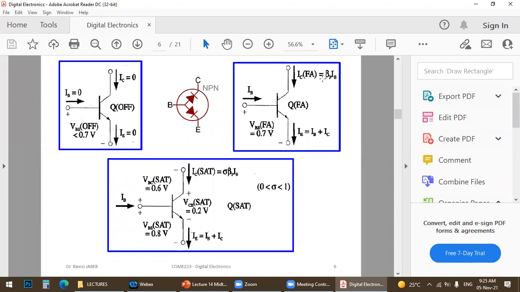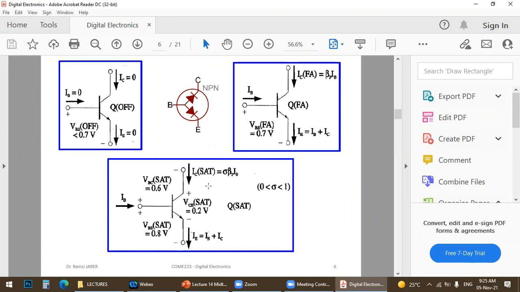Small current can activate high current, around 100 times, average 100. But in saturation it will not be 100. We always have beta for each transistor, but here we have sigma beta, and sigma is usually around 0.3 to 0.5. So IC in saturation mode will be around half the value of linear mode.